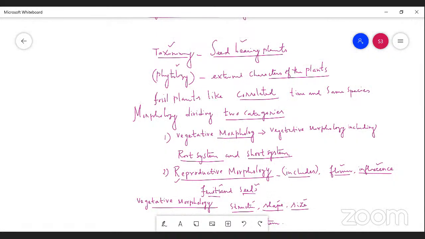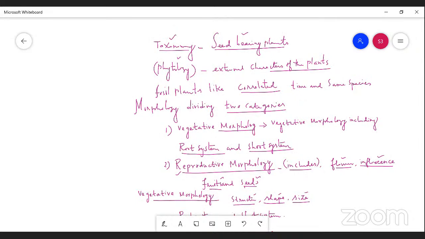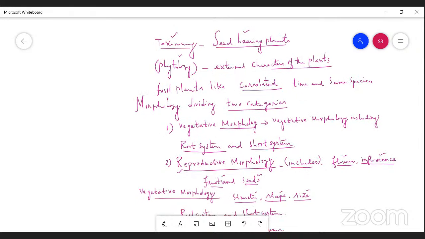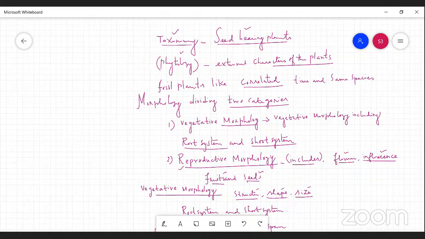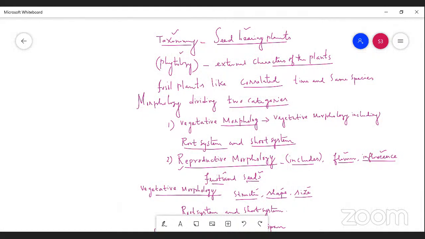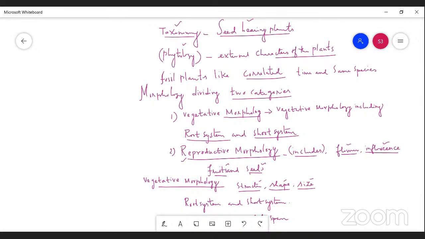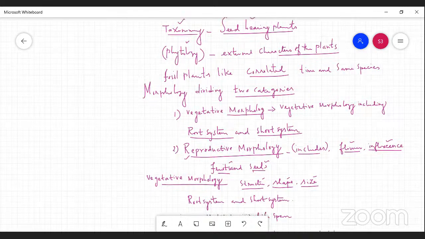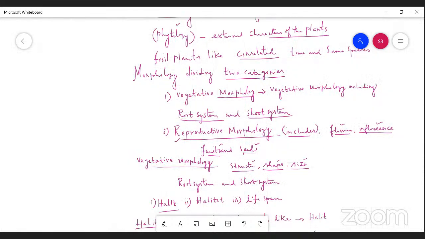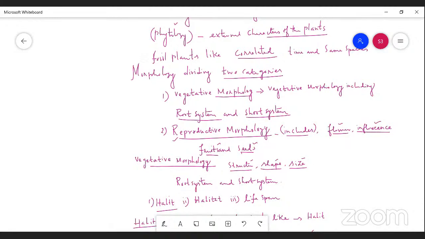Morphology is divided into two categories. The vegetative morphology includes the root system and the shoot system, and the reproductive morphology includes the flower, the inflorescence, fruits, and seeds.